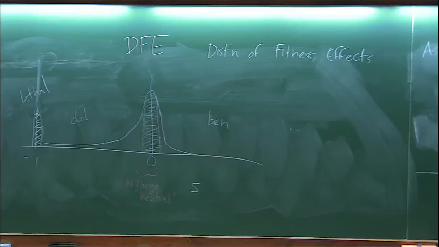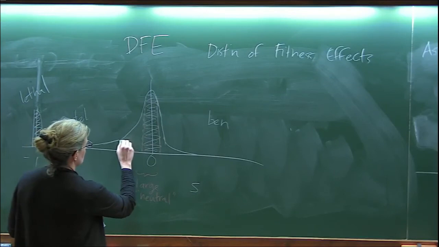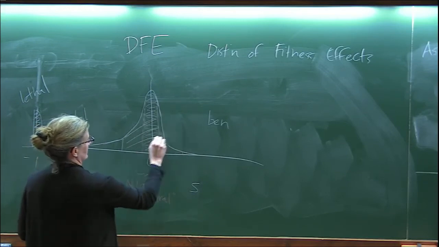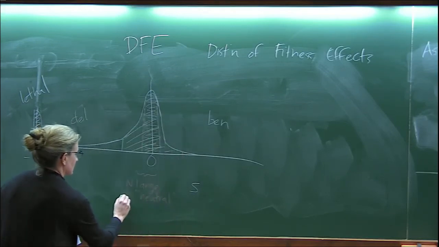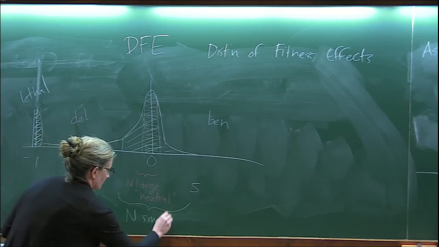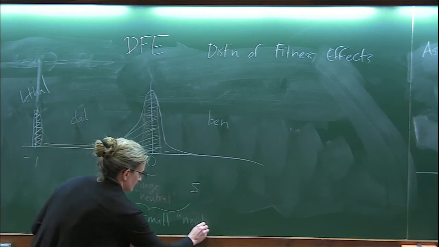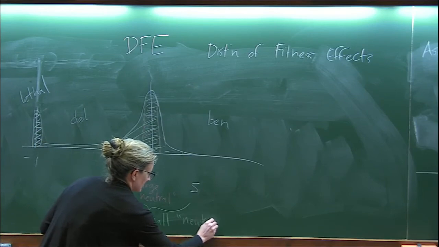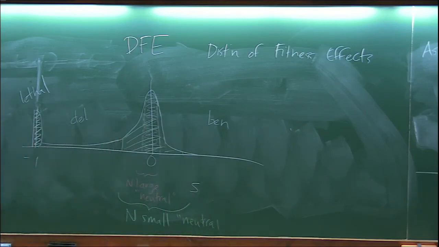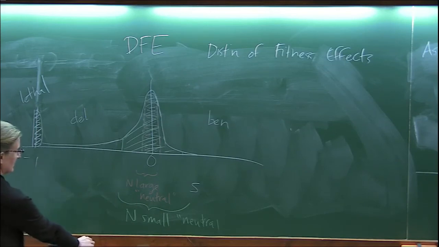But if n were smaller, selection wouldn't work as well. And we'd have a bigger range of what we would consider neutral. And we will get to how we define those ranges a little bit.